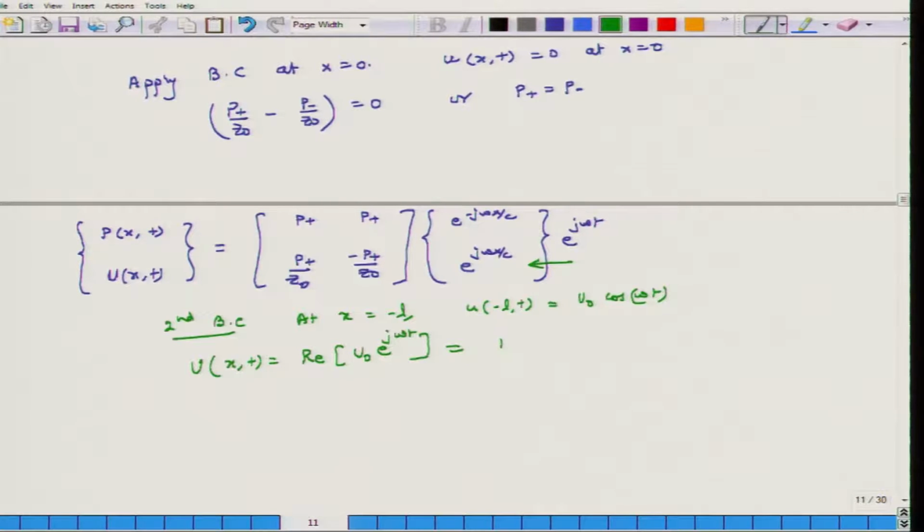So, I get real of P plus over Z naught e to the power of minus j omega L over c, and in the first equation x is minus L. So, this becomes plus, right, and then I have a minus because of this minus sign, and then P plus over Z naught is already out, and here I put x as minus L again.